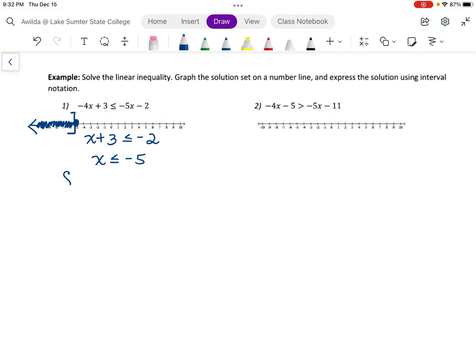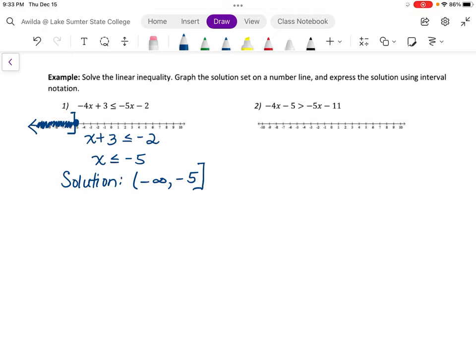The solution set will be made up of the interval that has no lower limit, so we'll use -infinity as our lower limit, and it has an upper limit of -5, which is included in the set, and so we'll use a square bracket as our symbol.